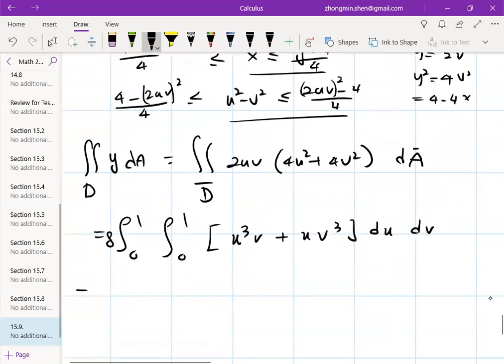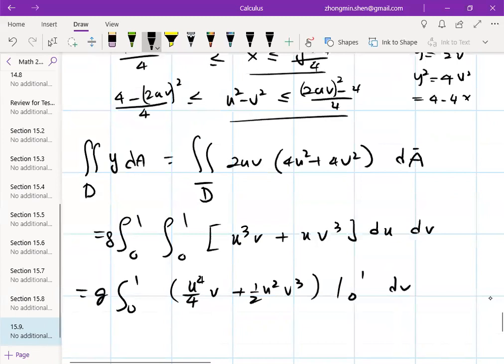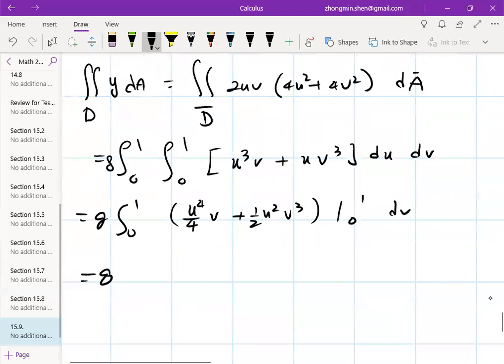Okay, so let's evaluate this integral. The antiderivative with respect to u is a quarter of u to the 4th power and half of u squared v cubed. Then you plug 1 for u, and I get a quarter of v plus 1/2 of v cubed, dv, integral from 0 to 1.